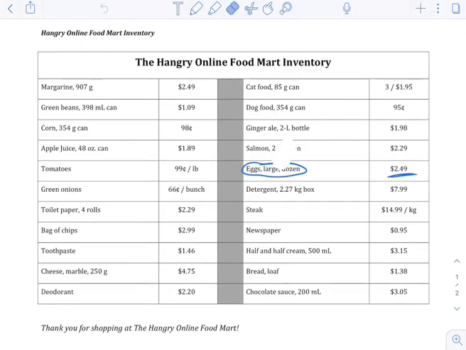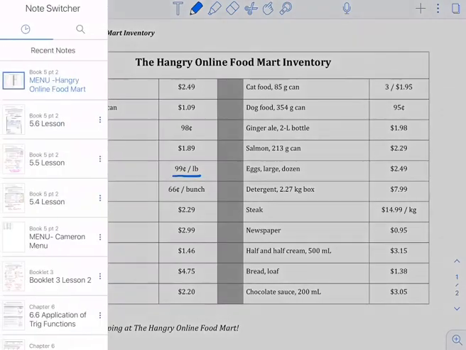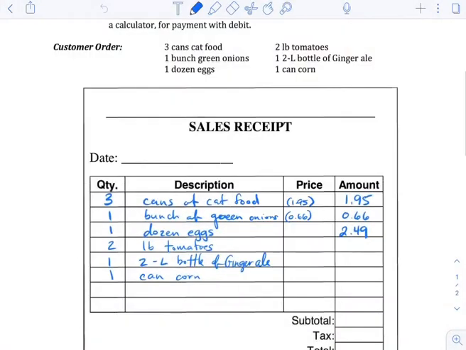We find our tomatoes right here, and it tells us that it's 99 cents per pound, but we're buying 2 pounds. So I'm going to have to multiply 99 cents by 2. I get $1.98.